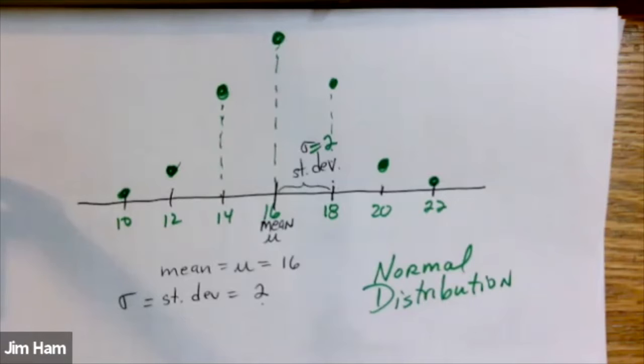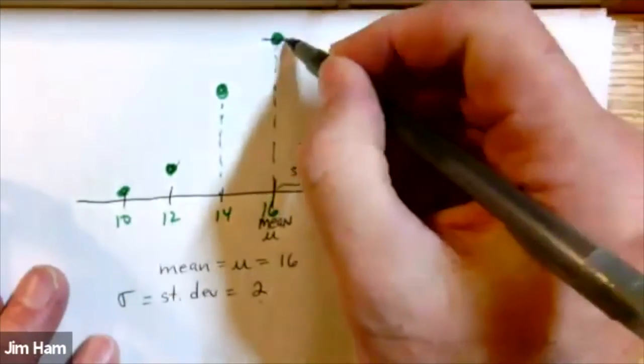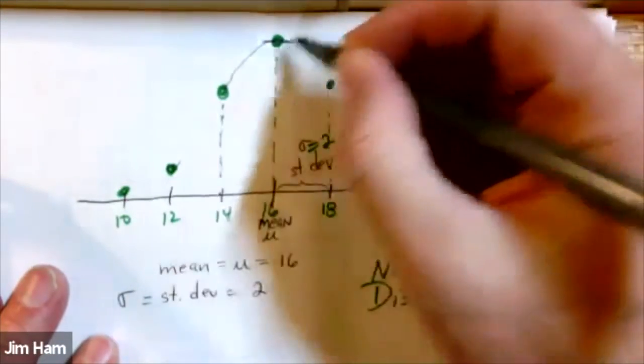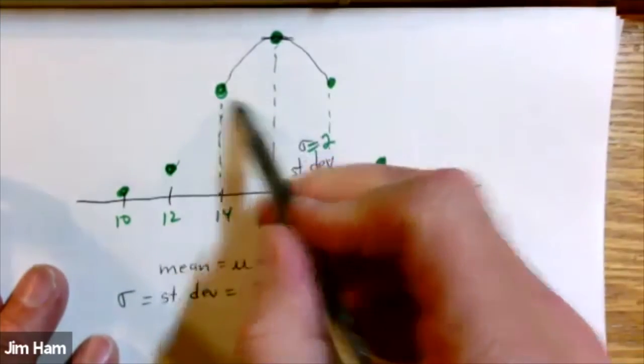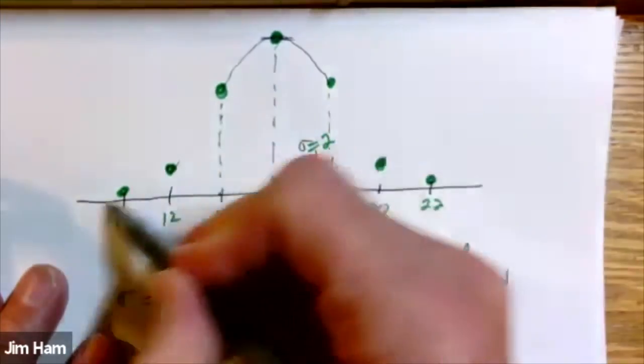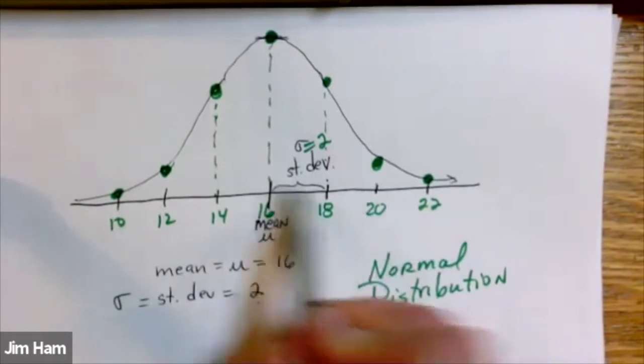So if you want to create this nice bell-shaped curve, this normal curve, you make it kind of flat at the top, and you go concave down, so it's symmetric. And then as soon as it hits this first point, the concavity changes to concave up. And this is what the graph would look like. So it's bell-shaped, it's normal, and it has the scale that looks like this.